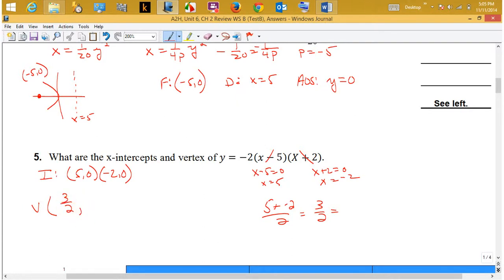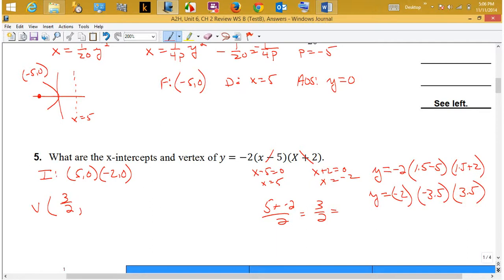Now let's find the y-coordinate. So to find the y-coordinate, I'm going to put 3/2 or 1.5 into this equation. So we would have y is equal to a negative 2 times 1.5 minus 5 and 1.5 plus 2. 1.5 minus 5, that's going to be a negative 3.5, and this would be a positive 3.5.